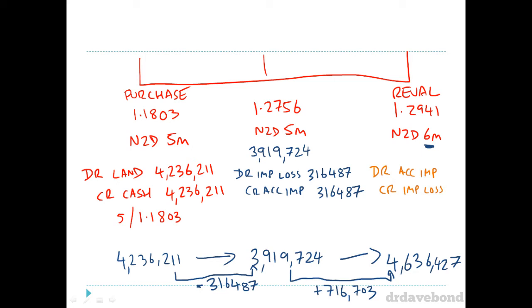Impairment loss reversal, and I've run out of room there, but it's 316,487 for those two. So debit accumulated impairment, credit impairment loss, and it's just literally reversing out what we saw there. And then we're picking up the revaluation, and that would just get picked up through debit land, credit, I'll just call it surplus instead.